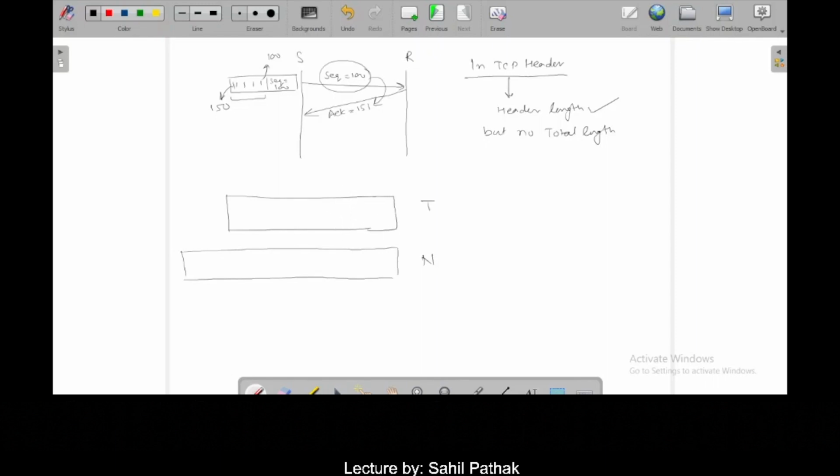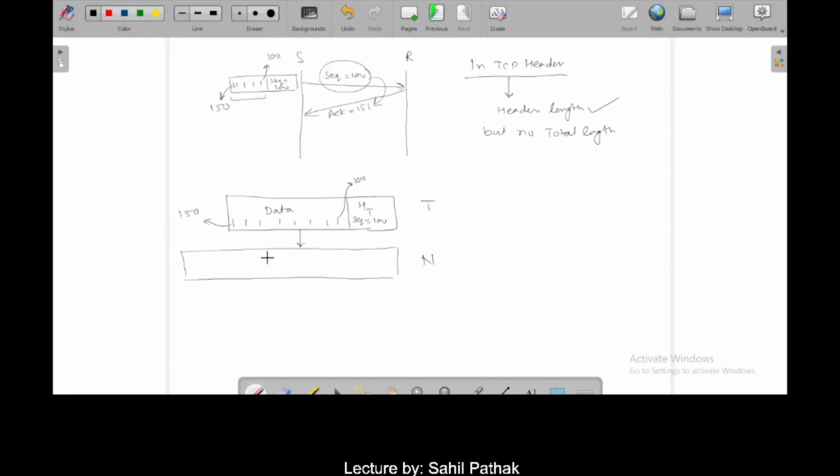In the transport layer we have the transport header, sorry, the TCP header, and we have data. Let's say the sequence number in the TCP header is 100, and that is, let's say, 150. Okay, this is the segment size. Here we have this, and it will go to the network layer.